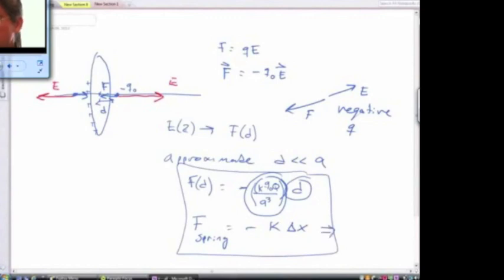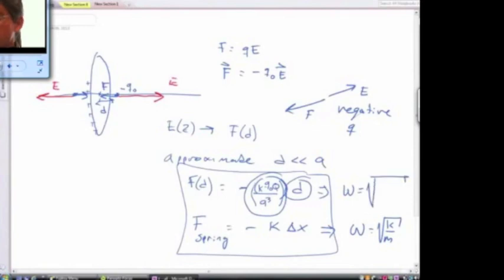So for a mass attached to a spring, we know that the solution to this problem is an oscillatory motion that has an angular frequency, omega, which is given by the square root of k divided by m. So for the problem at hand with the ring and the charge, the constant that is going to play the role of the spring constant is what's inside the circle, k q0 q divided by a to the third power.